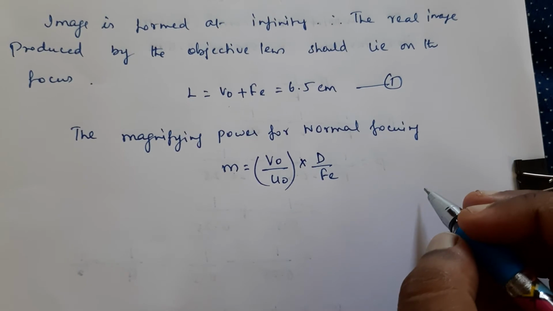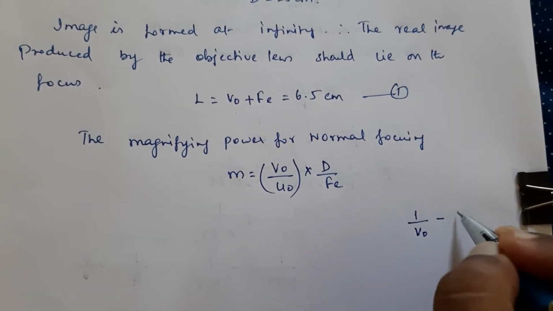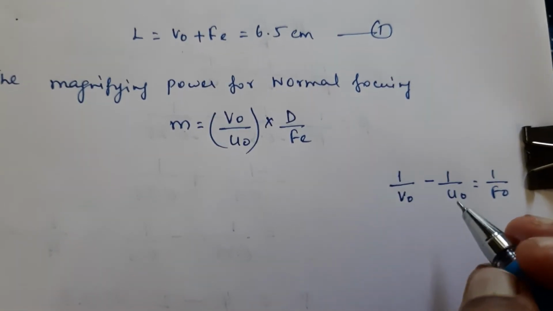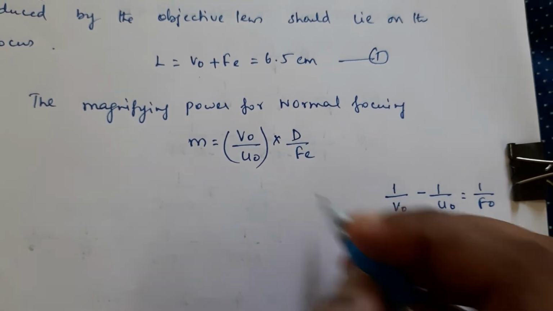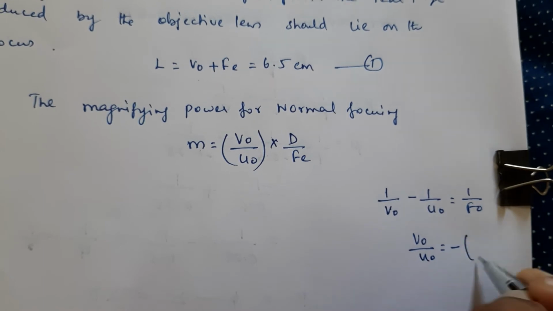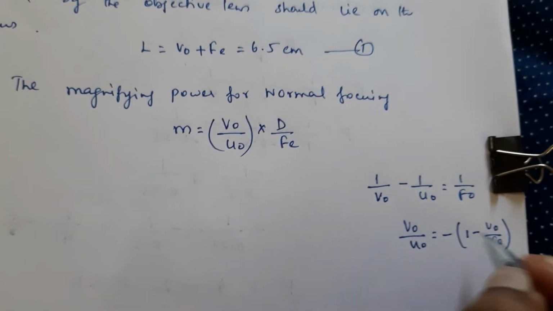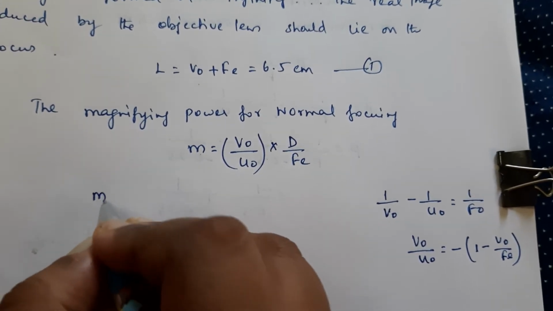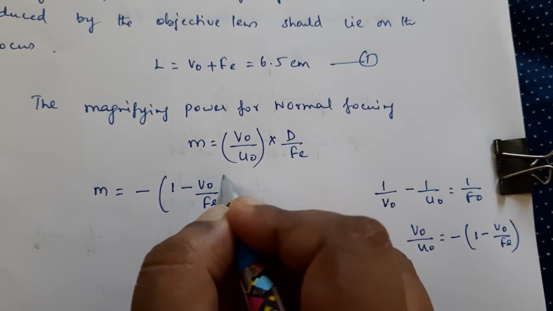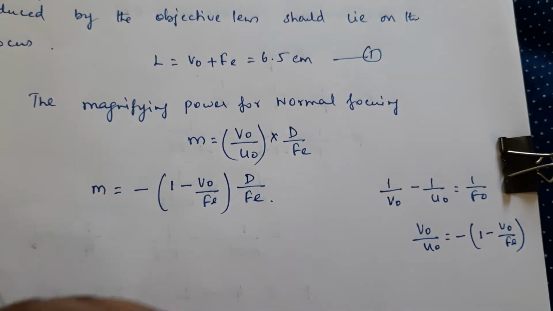Now, using the lens equation, we know 1 by V0 minus 1 by U0 is equal to 1 by F0. Rearranging this equation, V0 by U0 is equal to minus of 1 minus V0 by F0. So, M is equal to minus of 1 minus V0 by F0 into D by Fe.